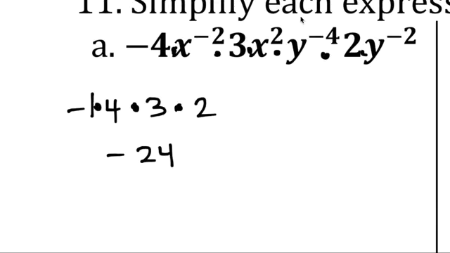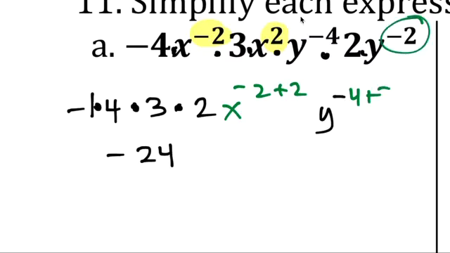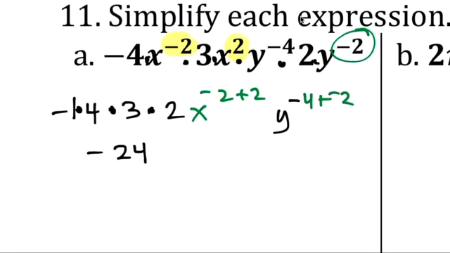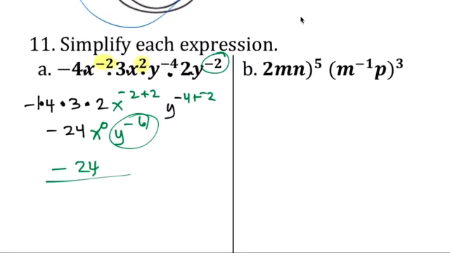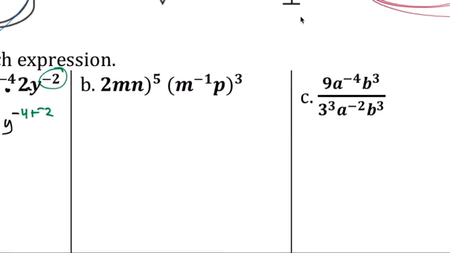And then your x to the -2 with the 2, plus the 2. Y, you get y to the -4 plus this -2. So you get x to the 0 power, y to the -6. So this is 1 times -24, which is -24. And this goes on the bottom. That's the answer there, okay?